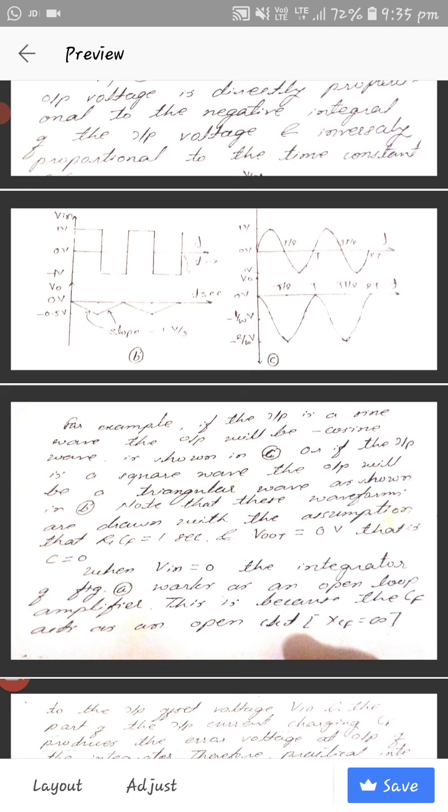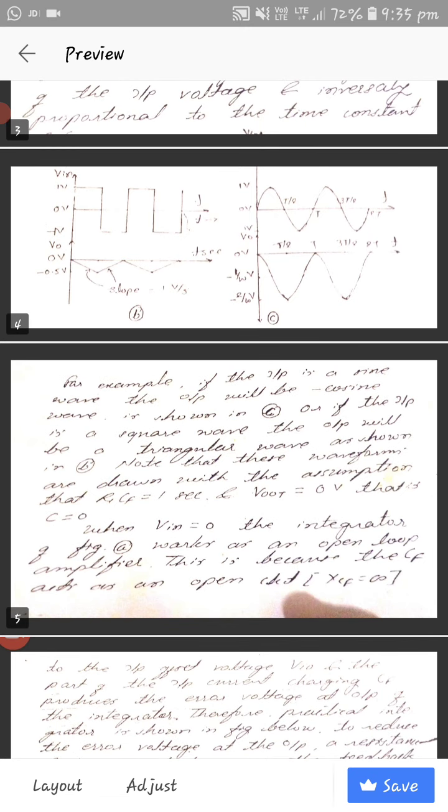Okay, when the input voltage Vin is 0 volt and a square wave is given, the output voltage is a triangular wave. Here the slope is 1 V upon 3 and time is in seconds. In figure C, the input is a sine wave and the output is totally opposite, 180 degrees out of phase.